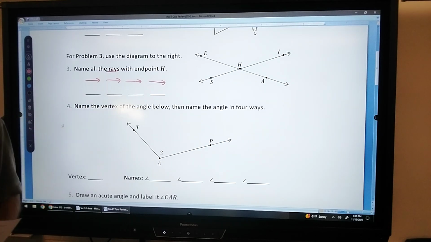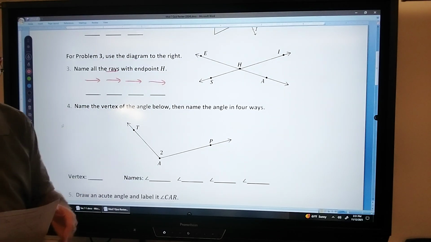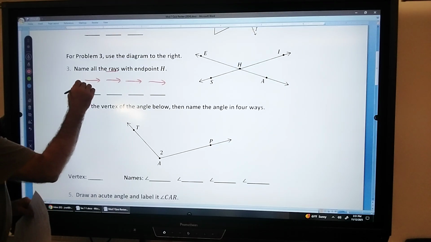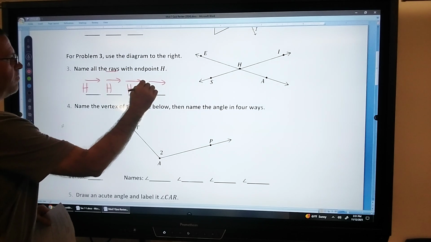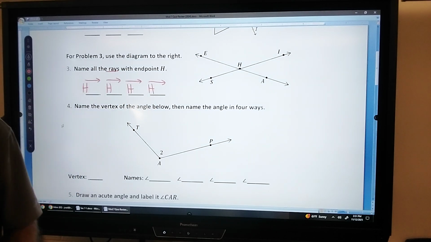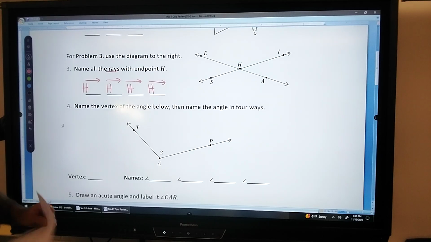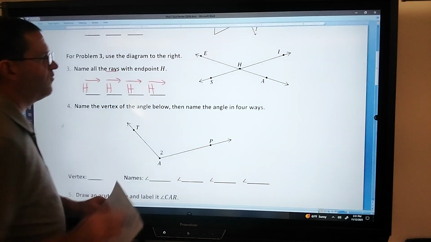So we definitely have that for all 4 of those. Next, a ray is 2 letters. And here's the tricky part. The endpoint means that that is actually your first letter. So we start all of those 4 with the letter H, and then simply go in every single direction.